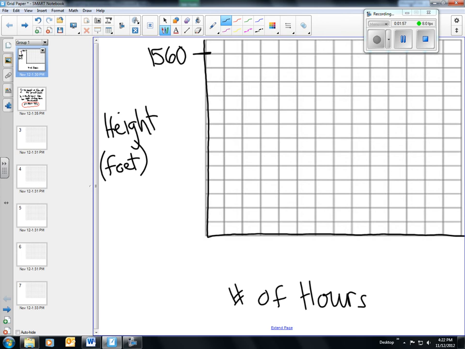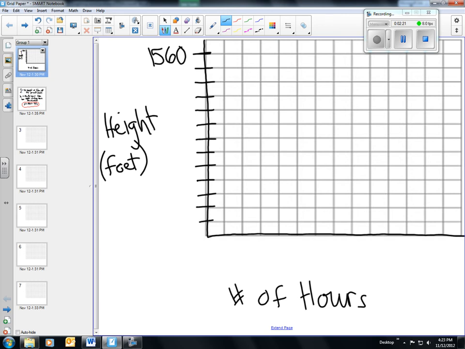And if he's descending down the mountain at 75 feet per hour, we want to use 75 feet as our increment, or in other words, our scale for the vertical axis. So as we go down the mountain, we're going to decrease every line by 75 feet. And that would probably be the best use of the scale here for this problem.